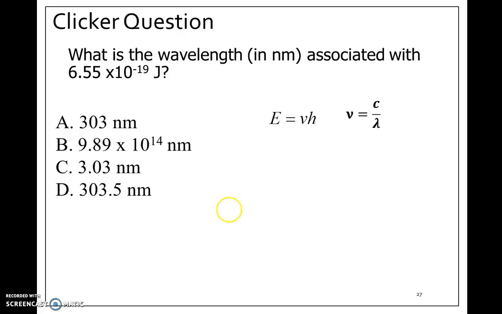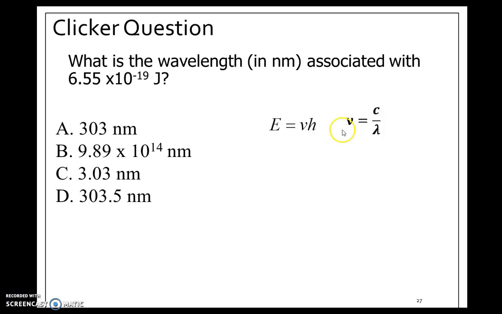Anyway, so we have two equations that have frequency in it. So we can sub in this equation into E equals nu h, and we get E equals speed of light times Planck's constant over the wavelength.